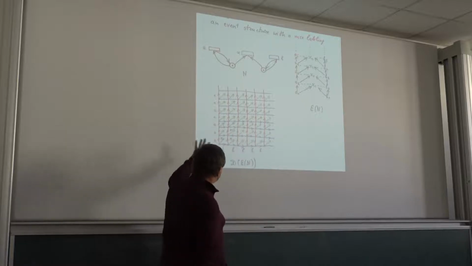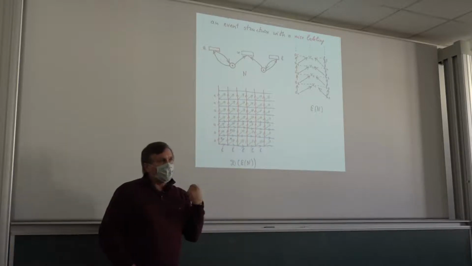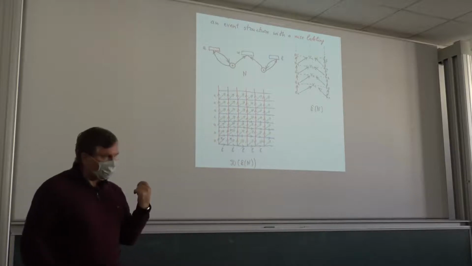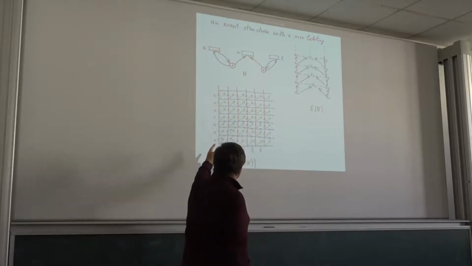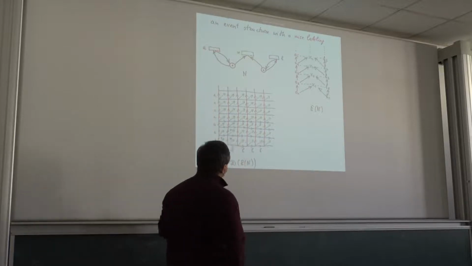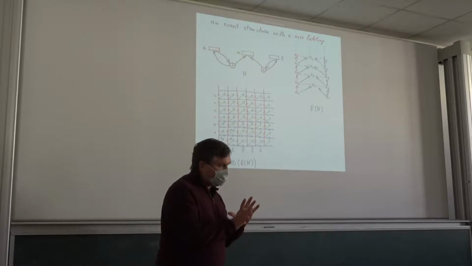Yeah, it is colored because you label essentially the events by the letters of the transitions. So you have 3 colors, A, X, and B. And this is a hexagonal grid.